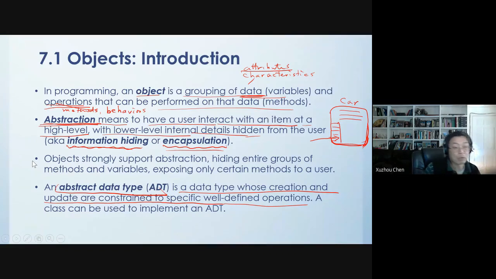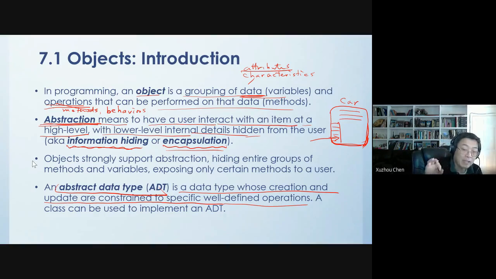So that's why when we create a class, we normally want to make data private. If we allow people to change the data, then we provide methods, and people have to call the method to change the data.